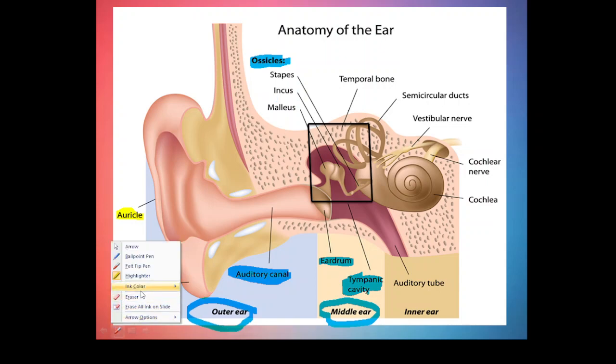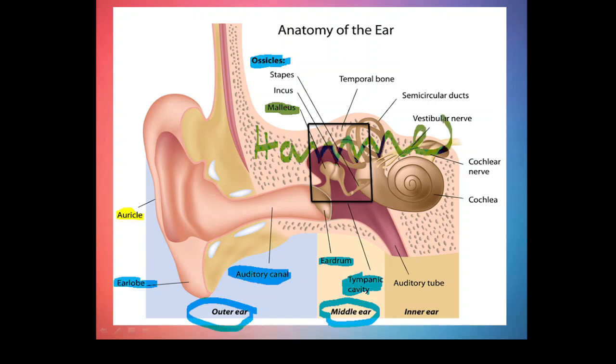First one is the malleus. This malleus is hammer shaped. Next comes the incus. Incus is anvil shaped.